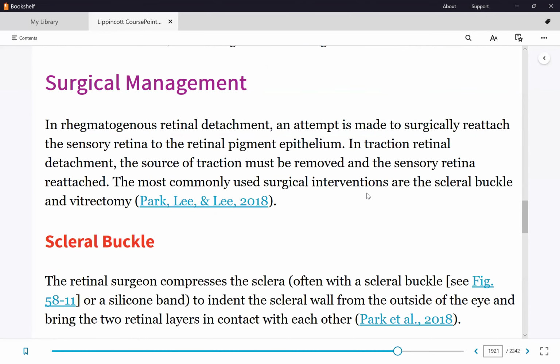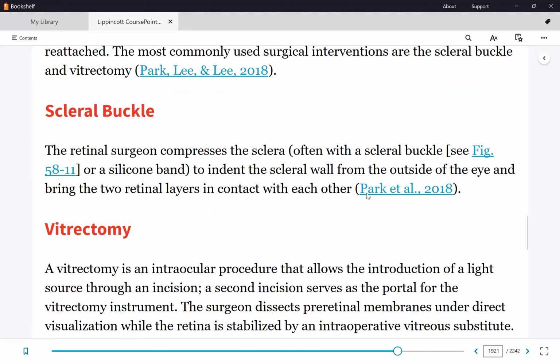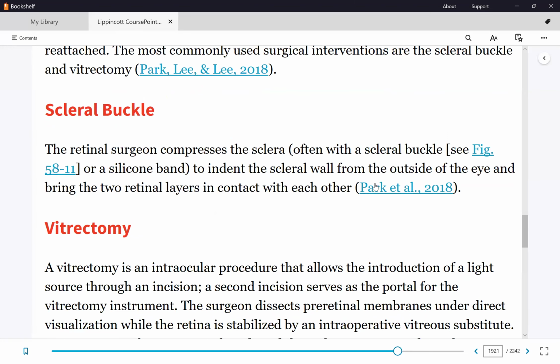Now, the management, you can watch these videos. They're nice videos. I cannot stand watching it without crying. Not like crying, like tearing up, because I can't imagine all that trauma. Now let's look at the scleral buckle.